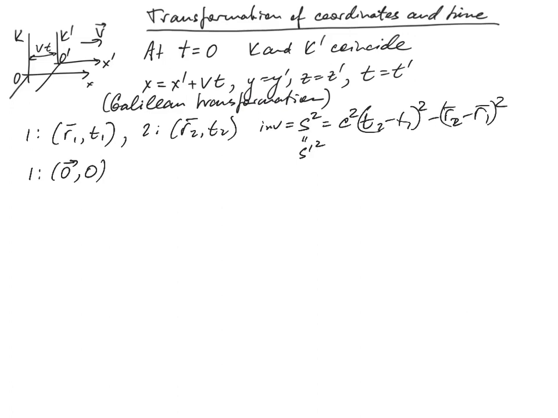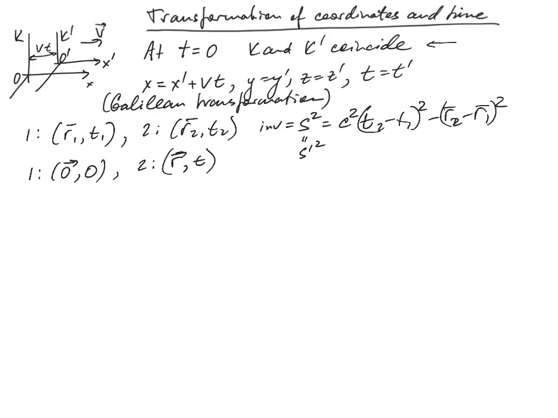Call this t equals 0, as we assumed here. Let's call that t equals 0 at the origin where O and O prime coincide. Let's call it event 1. And event 2 is simply an arbitrary event.